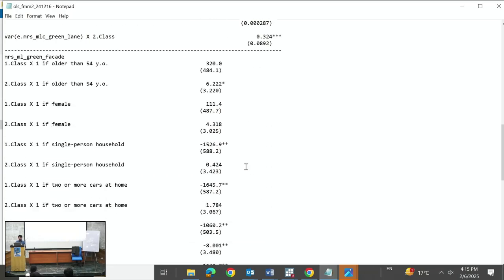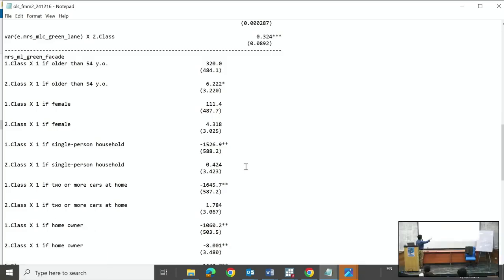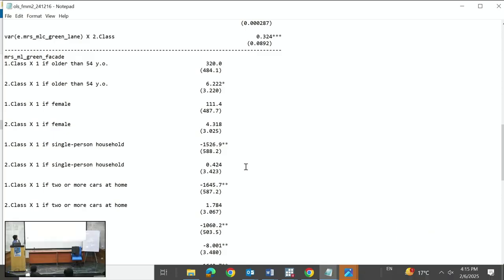So what happens is, for the case of facade, there are two classes, and the people who are in a single person household are less likely to be in class 1.